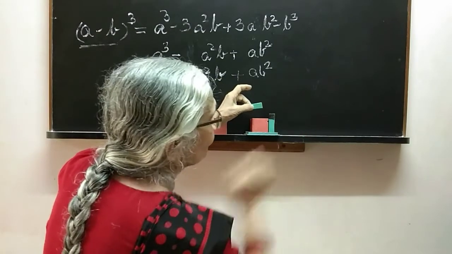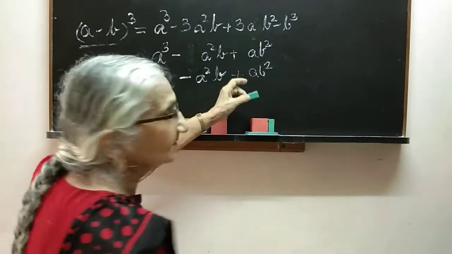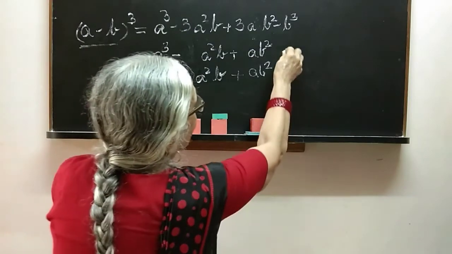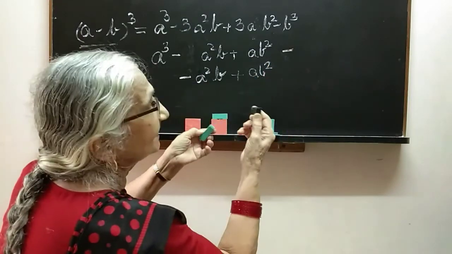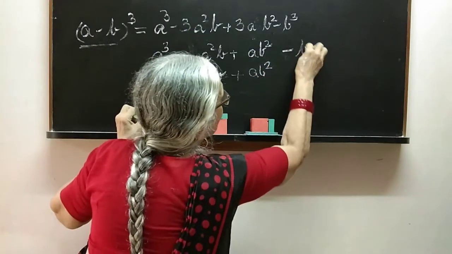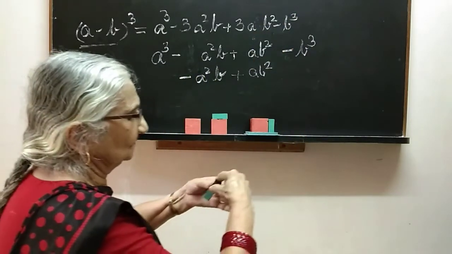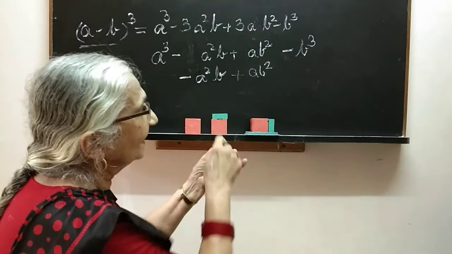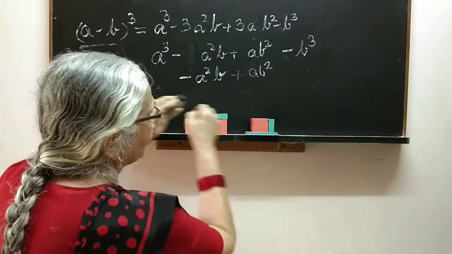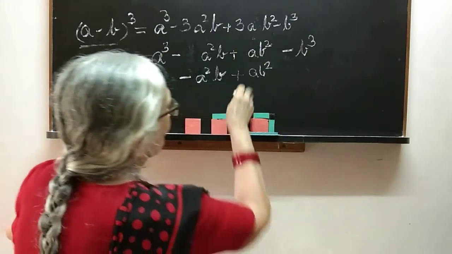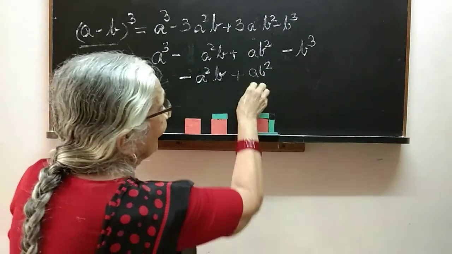But this has been used up. Okay, take it away. Why? Because we want it. Take away means what? Minus. What are we taking away? Whose volume is B cube. And now I have what I wanted, AB square. I put it here. So now I have added AB square.